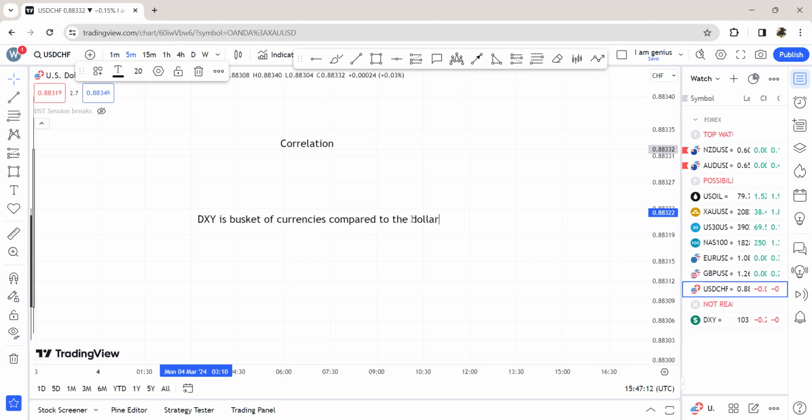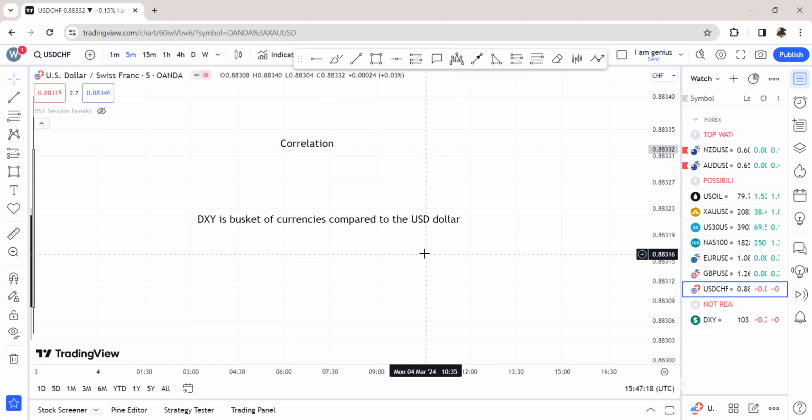By dollar, I actually mean the US dollar. So the DXY is a basket of currencies compared to the US dollar.